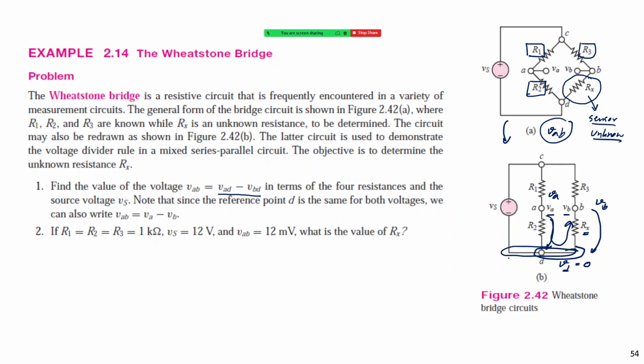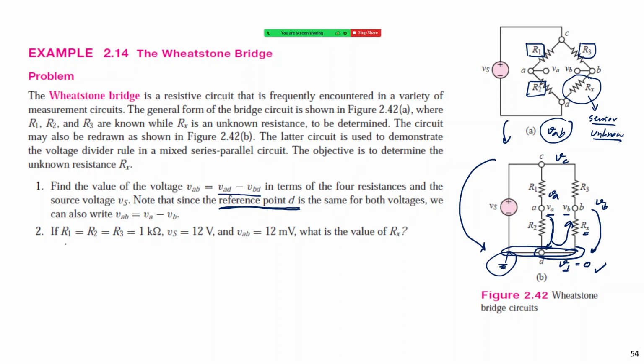Maybe we use this symbol as ground also. All voltages in this circuit mean the voltage compared to VD. Or we can use VC, which means the voltage of this node compared to this node. Okay, after we define D as the reference point, right?